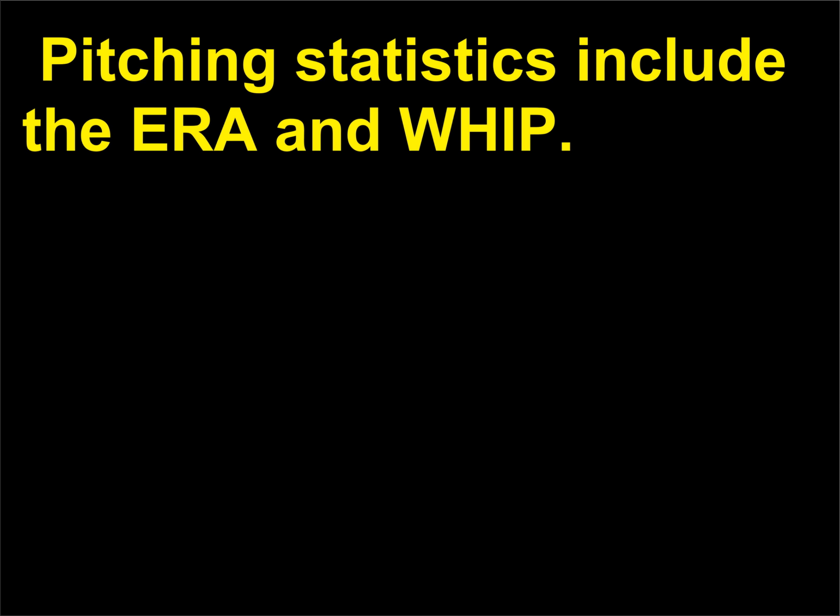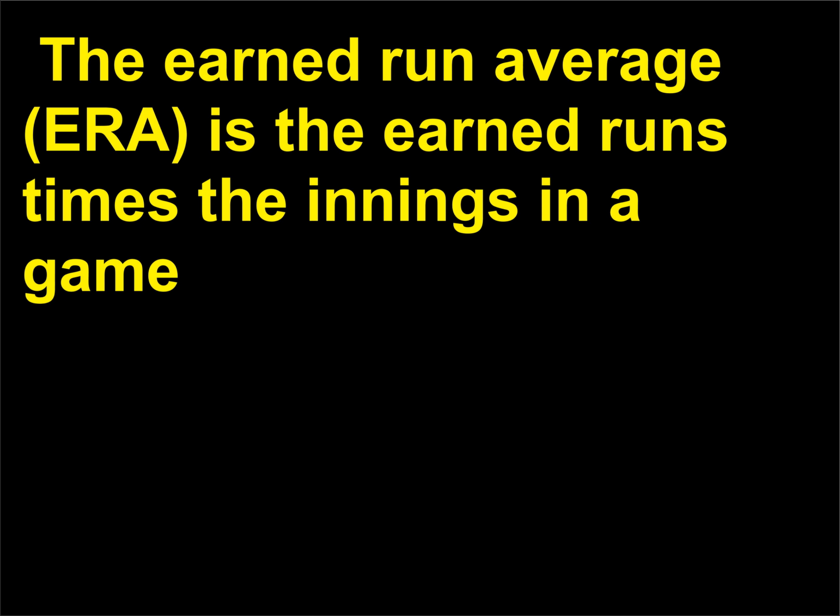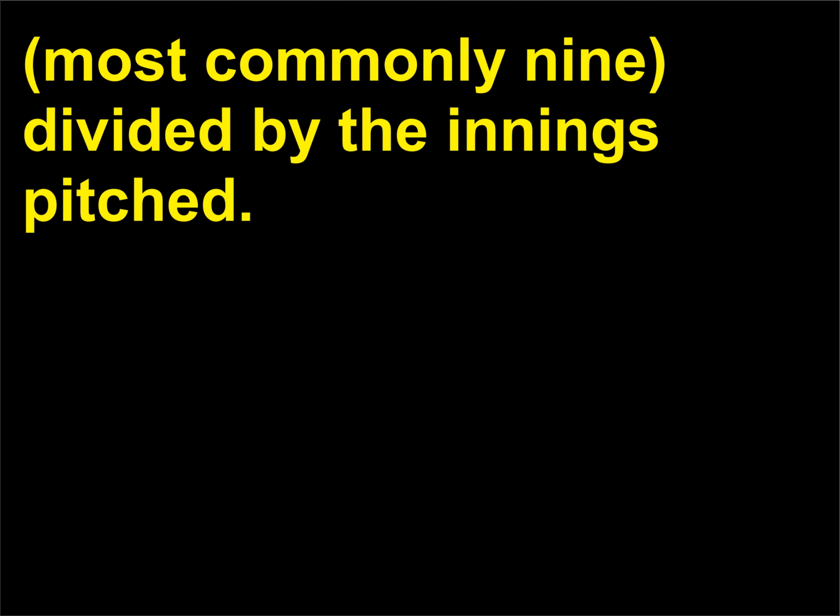Pitching statistics include the ERA and WHIP. The earned run average, ERA, is the earned runs times the innings in a game, most commonly 9, divided by the innings pitched.